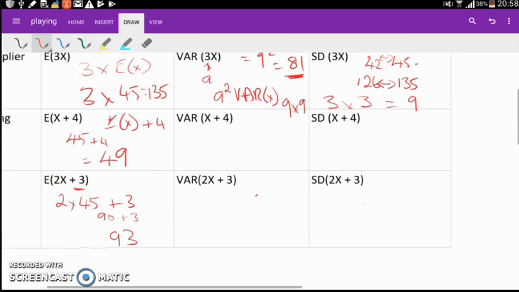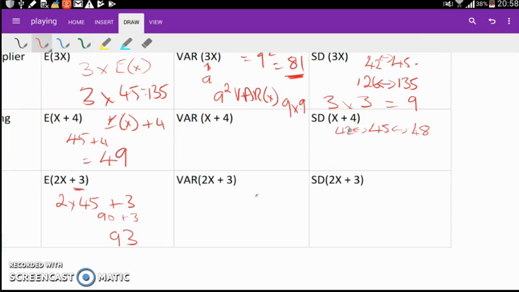But if we look at variance and we're adding something or subtracting something to every single value of x, in this example here, our expected value was 45, and our standard deviation was 3. So it deviated 3 that side, and it deviated 3 this side. 3 away from the mean, 3 away from the mean.